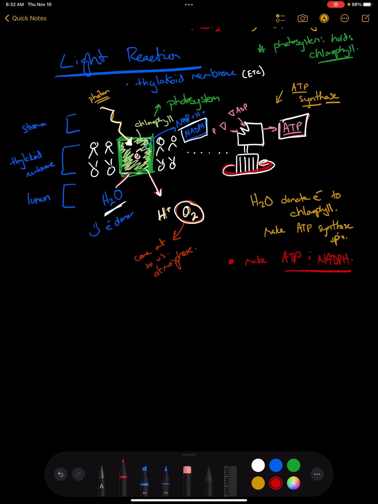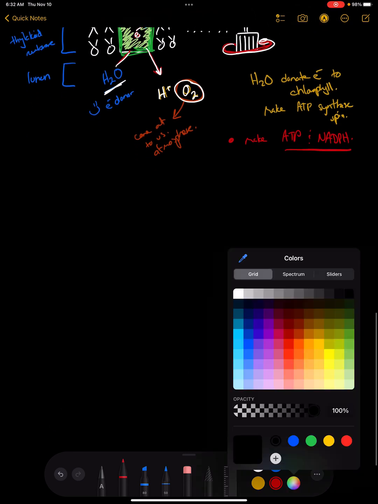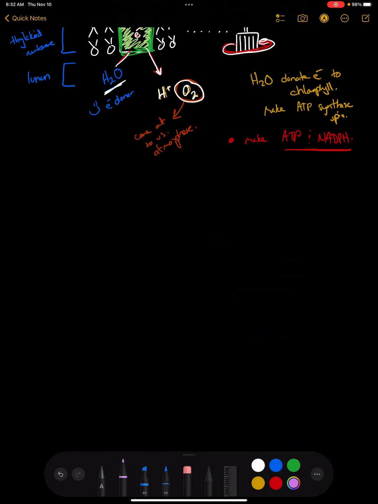And so then I get to go on to my next reaction. Let's make my next reaction this nice purple. So this is my next reaction. This is going to be the Calvin cycle, or the light independent reaction, whichever you want to call it. So we're going to start with a new friend today. We haven't seen this guy yet.